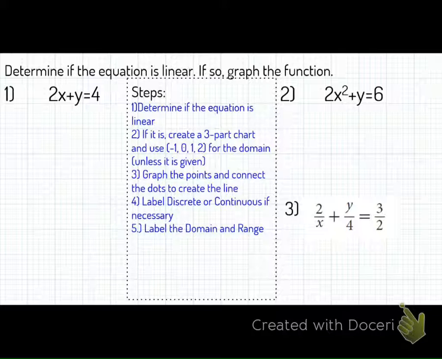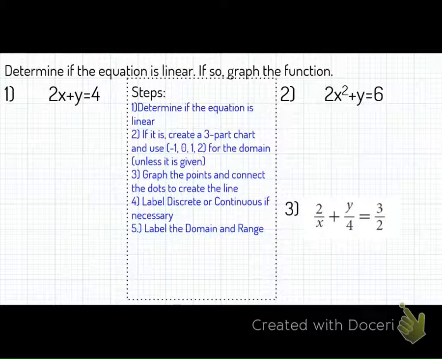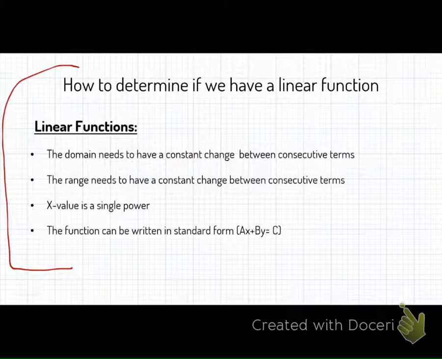The first thing I want to do is look at our steps. Determine if the equation is linear. Let's look back at our notes. The domain and the range need to have a constant change. The x value is a single power. Is my x value a single power? Sure is. It's x to the first. And we ask ourselves, is the function written in standard form, Ax plus By equals C?